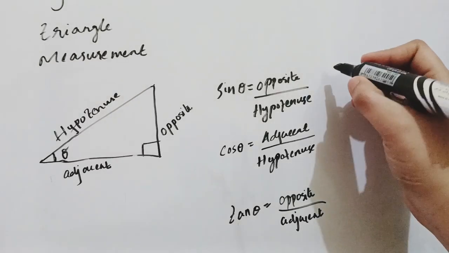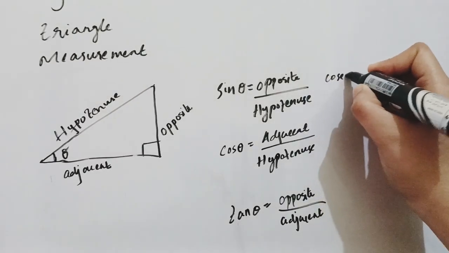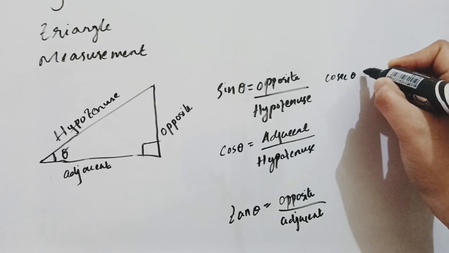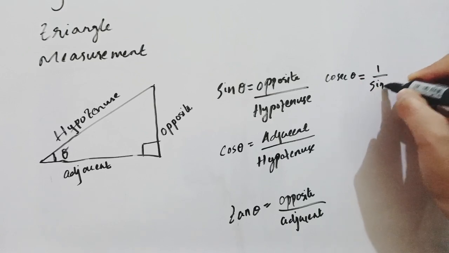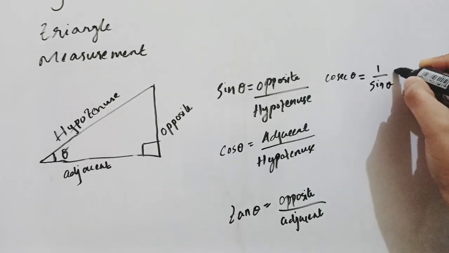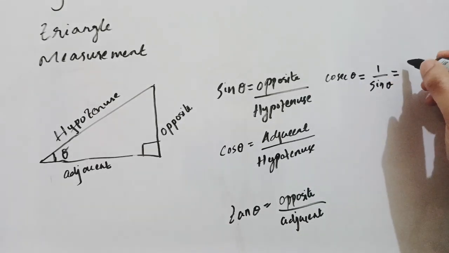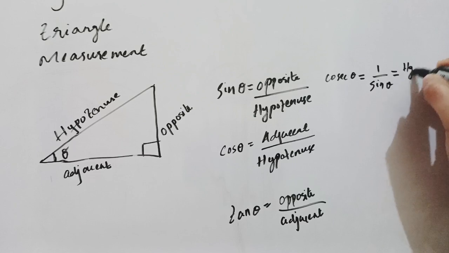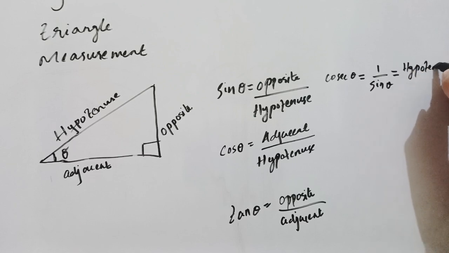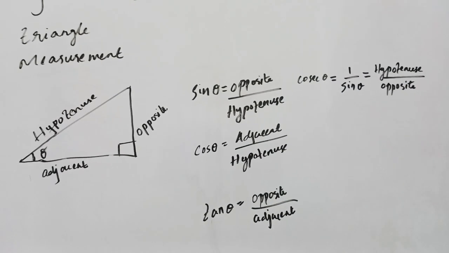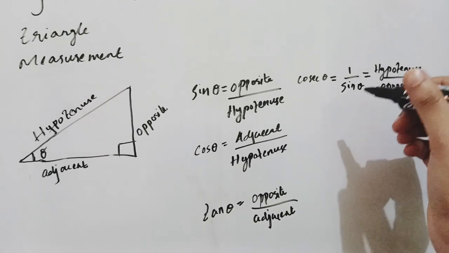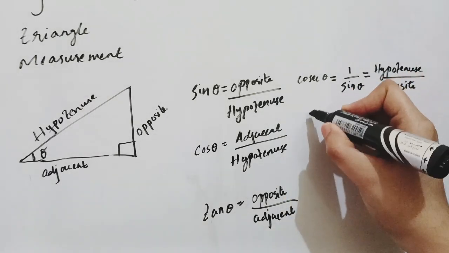Okay, that is cosecant theta, that is cosec theta equal to 1 by sin theta, which can be written as hypotenuse by opposite side.